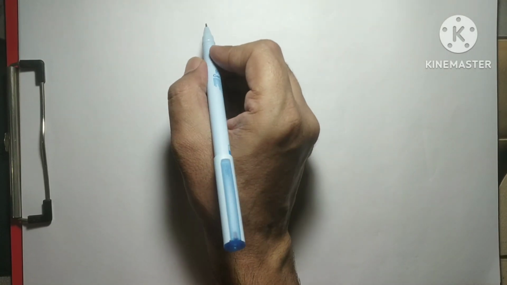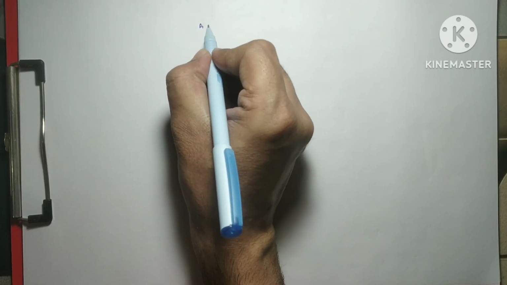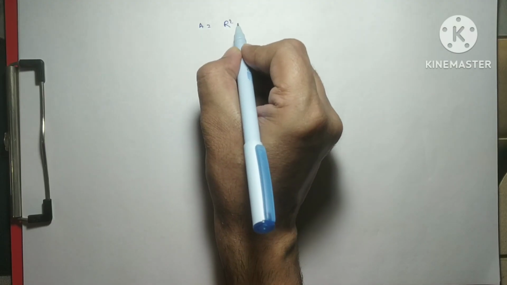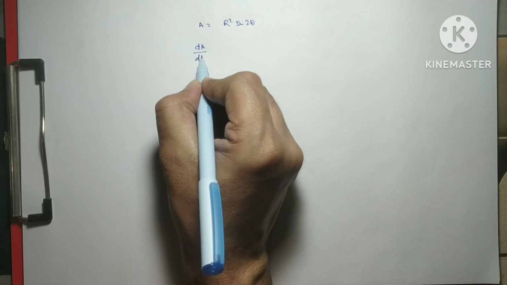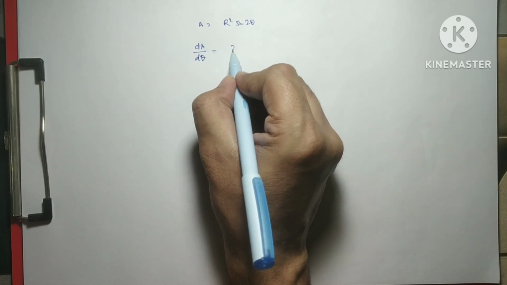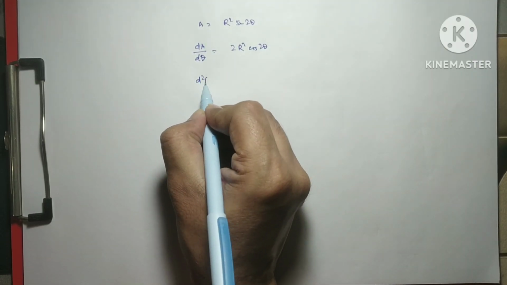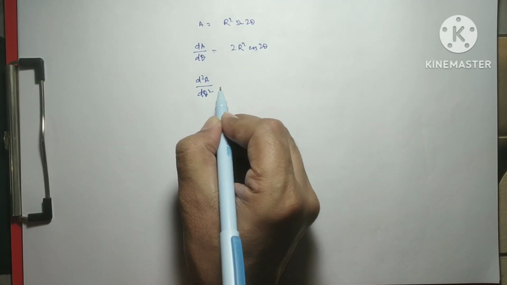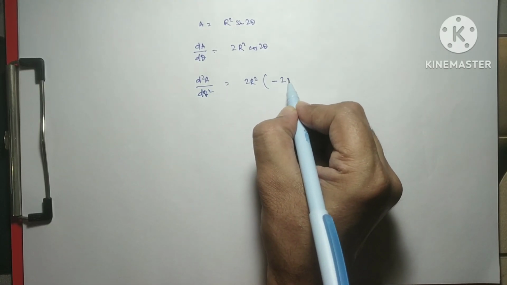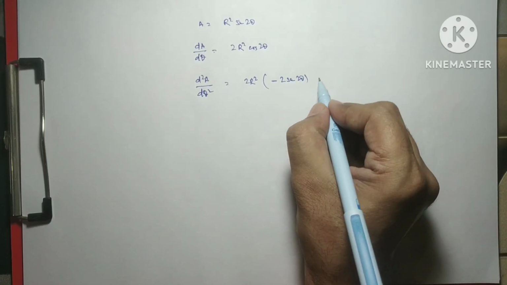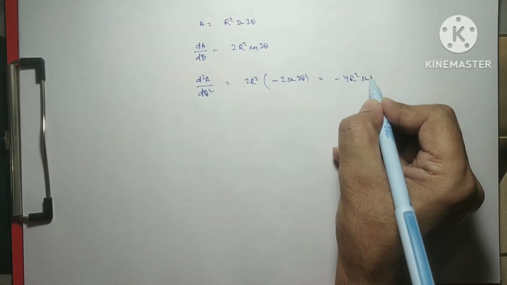We will show the second derivative. So we have dA over d theta. A is r square sin 2 theta, and dA over d theta is 2r square cos 2 theta, and the second derivative will be 2r square into minus 2 sin 2 theta. So it is minus 4r square sin 2 theta.